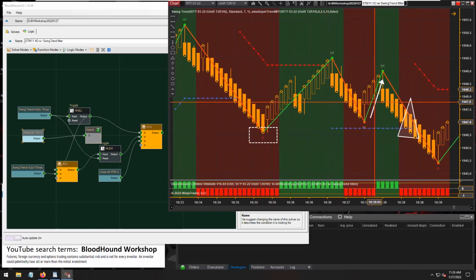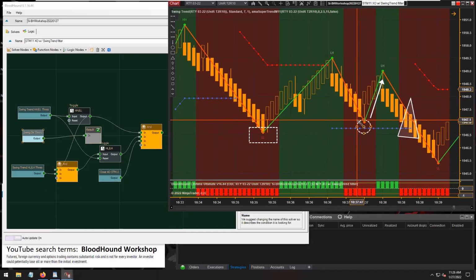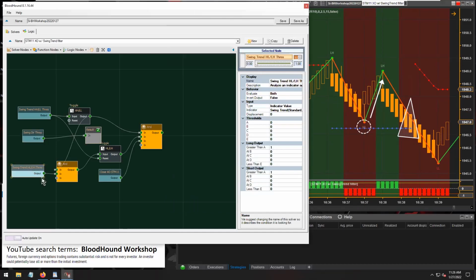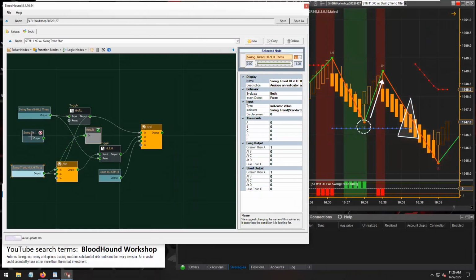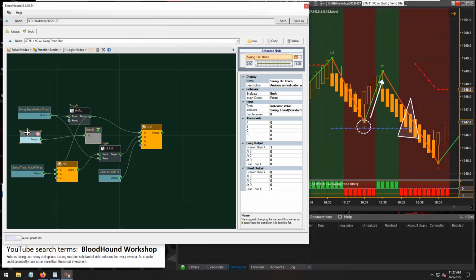Okay, so getting back to identifying this higher low, and when it gets locked in, we're going to have to reverse one of these solver outputs.